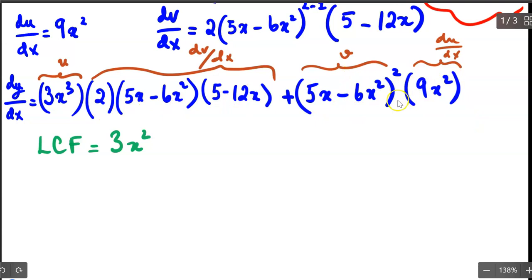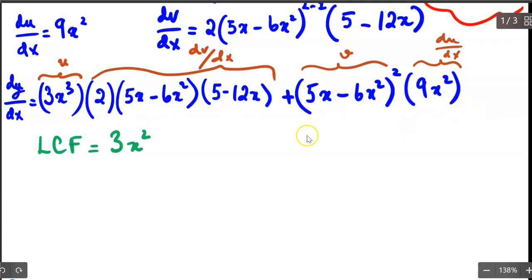Is there anything divisible by number 2 here? No. Don't forget, in taking out the lowest common factor, you need to divide that common factor into each of these terms. That's why you always ask yourself, you have 2, is there any term divisible by 2 here? No. So you don't have any.